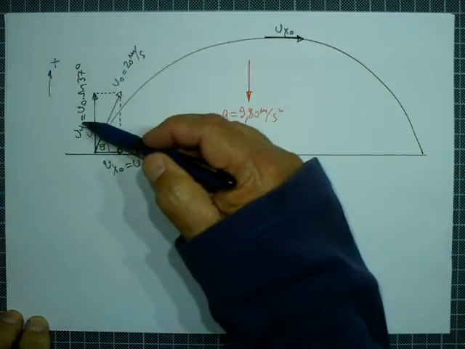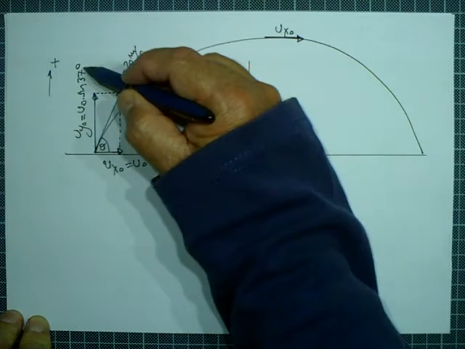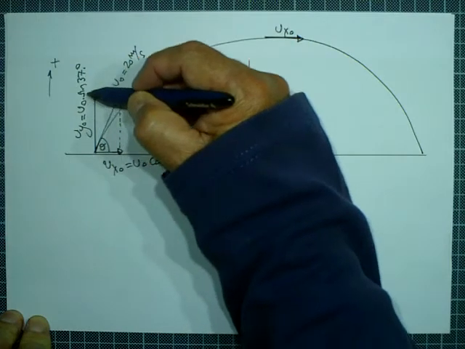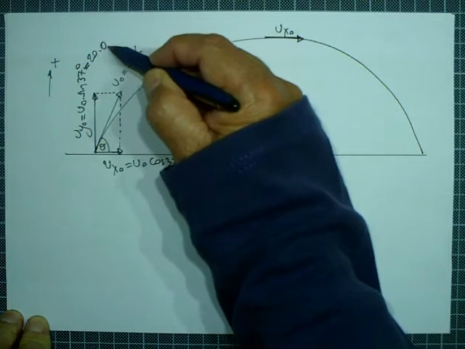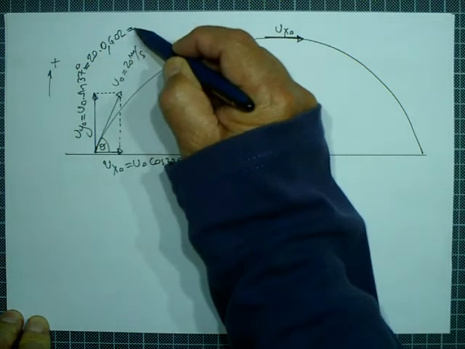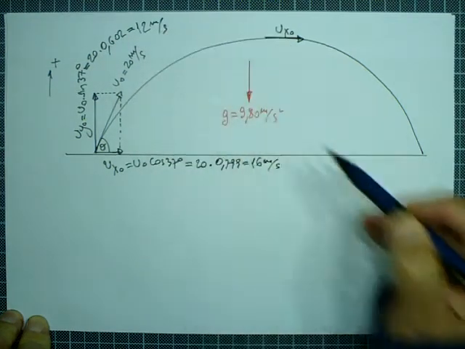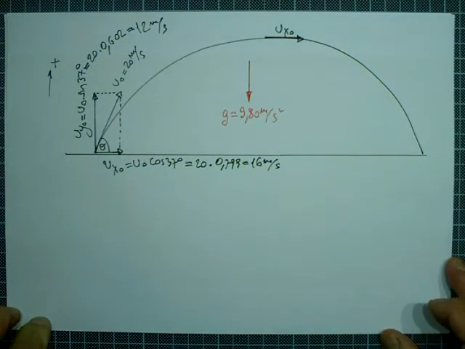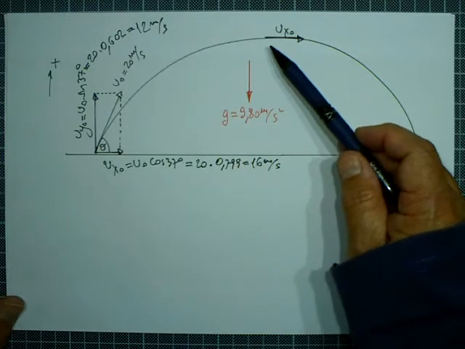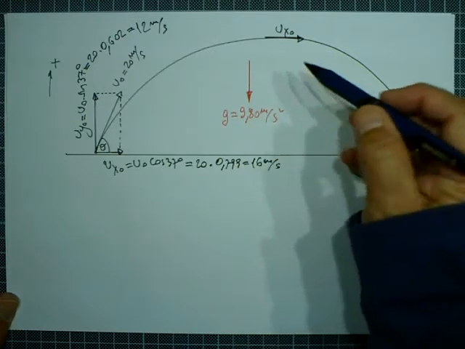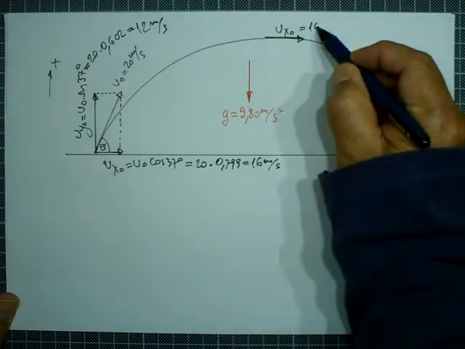And Vy naught, the other component, is V naught times sine 37, which is 20 multiplied by 0.602, which gives 12 meters per second.